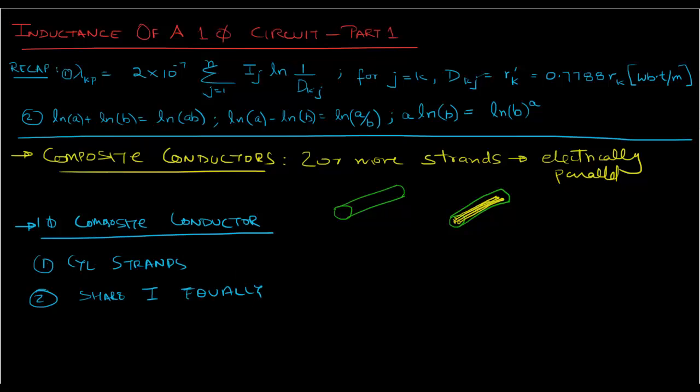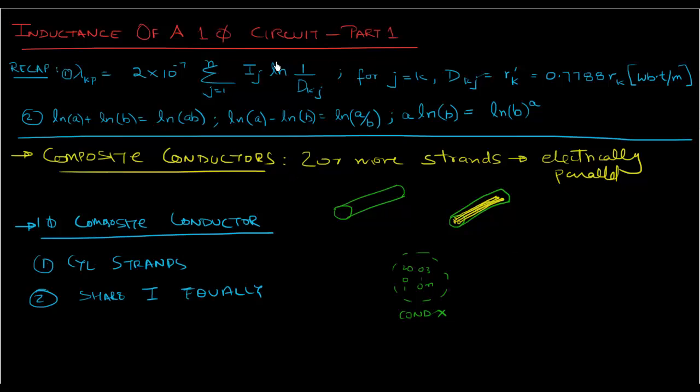Let me just draw a quick cross section of this for you to clearly understand. So we would have conductor 1, sorry, strand 1, 2, 3, so on up to n strands. And this is going to be conductor X. And then we have the return conductor.